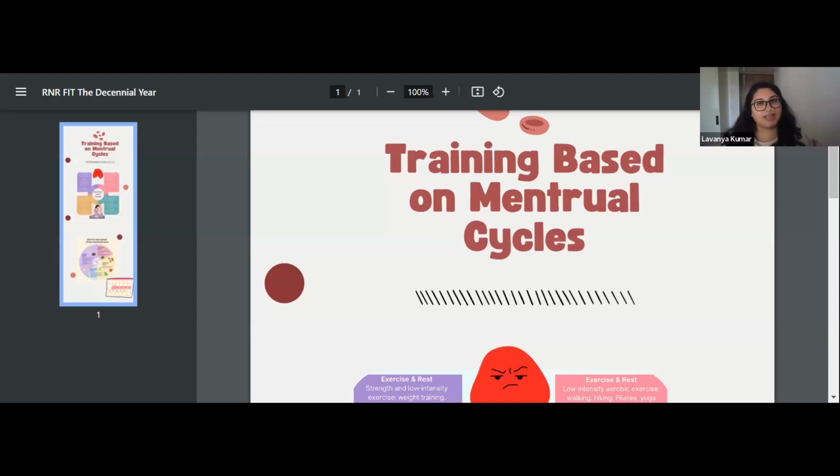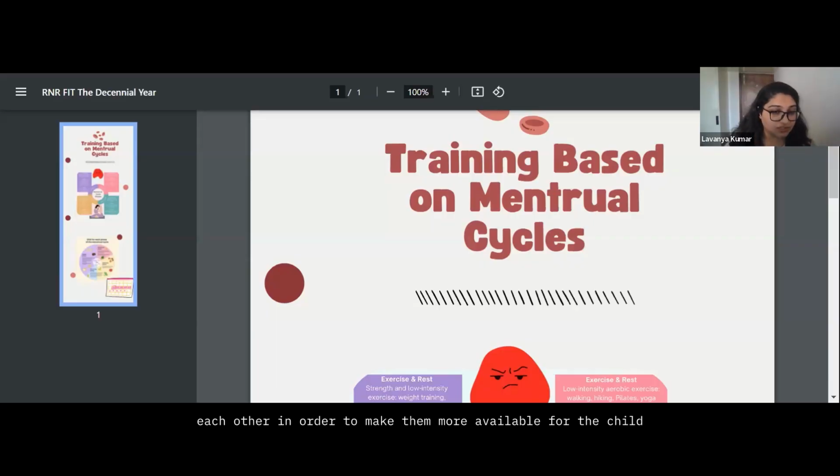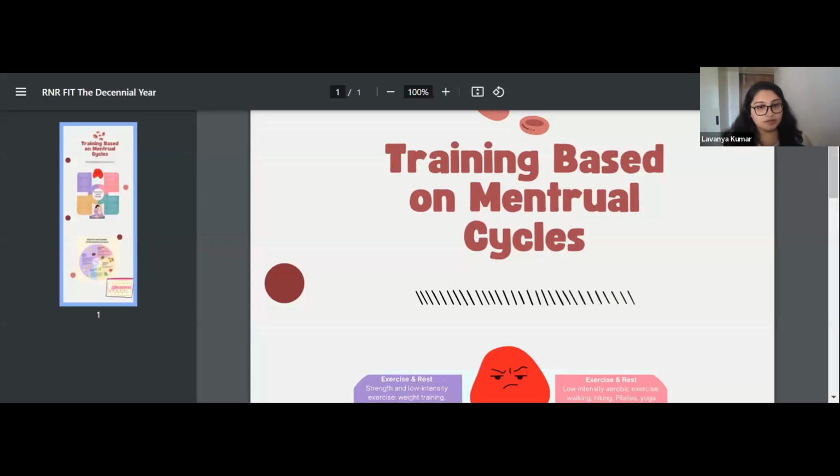So it is mostly what we are eating on a regular basis. Beetroots really help, beans really help, but we're going to have to work with a little higher dose through gram proteins for the children, so that it's easier for their bioavailability. But what we can do is speak to the nutritionist so that the right kind of foods are mixed with each other in order to make them more available for the child. Sometimes curds are not taken very well with children. So if that is the case, then we'll have to eliminate it from the diet routine.